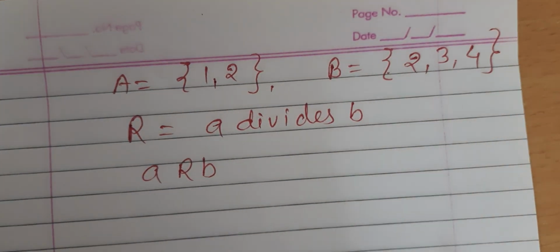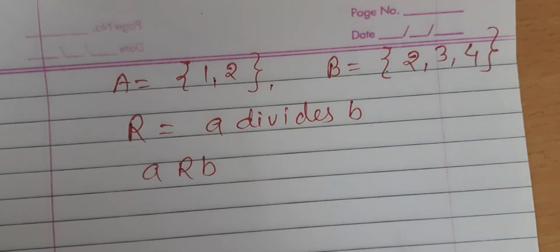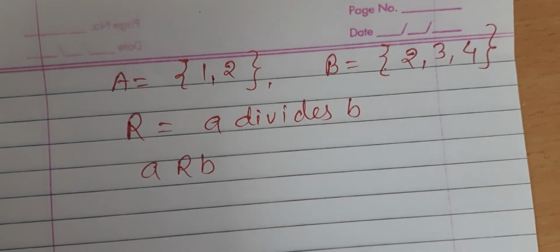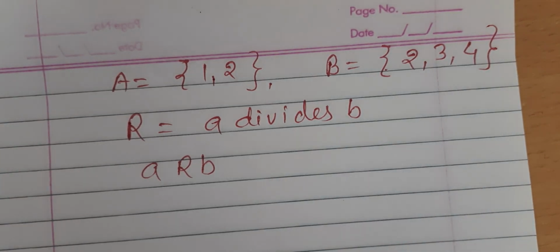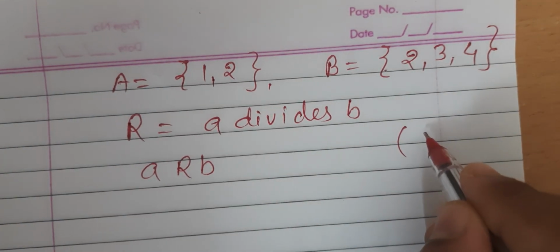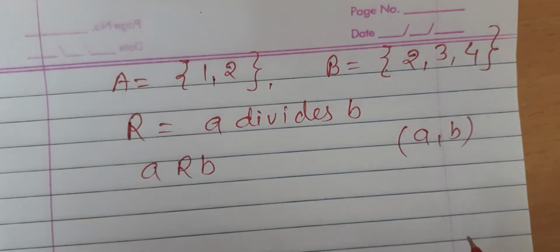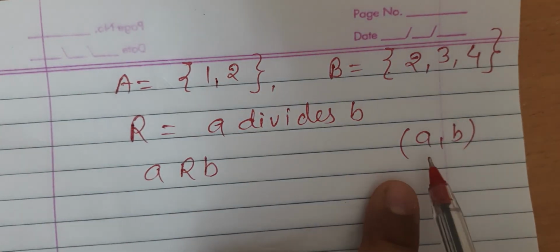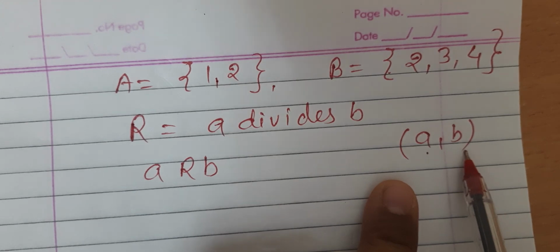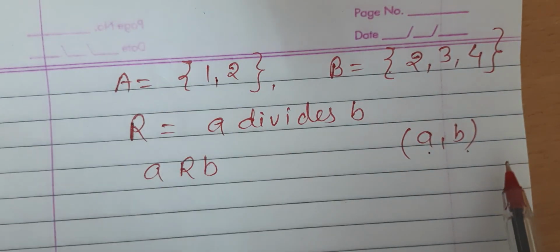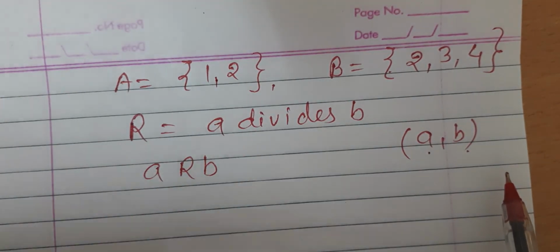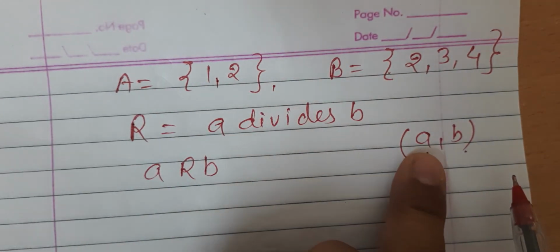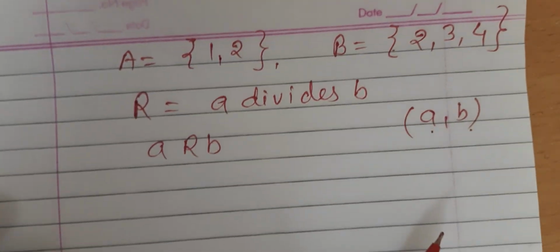What is a relation? A subset of the Cartesian product. In the Cartesian product we write ordered pairs. So if we write A comma B, by this relation A divides B. So first we will write the Cartesian product of A and B and then we'll select all the elements which satisfy this condition.